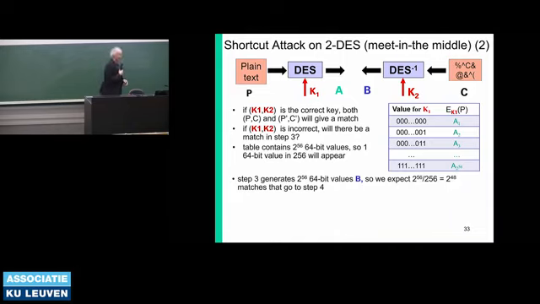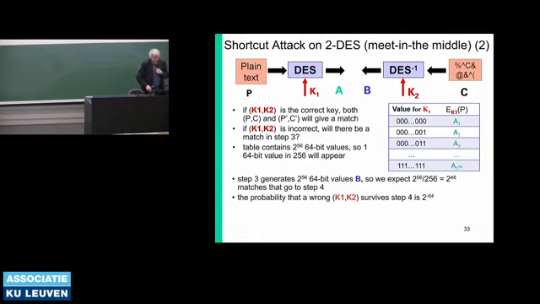So this extra check is very cheap. It only takes 2 to the 48, so it's not much more work than I did before. You get false alarms, you just do a second test and throw them away. In the overall picture, my complexity has not increased. The complexity is 2 to the 57 encryptions, and that's the cost.